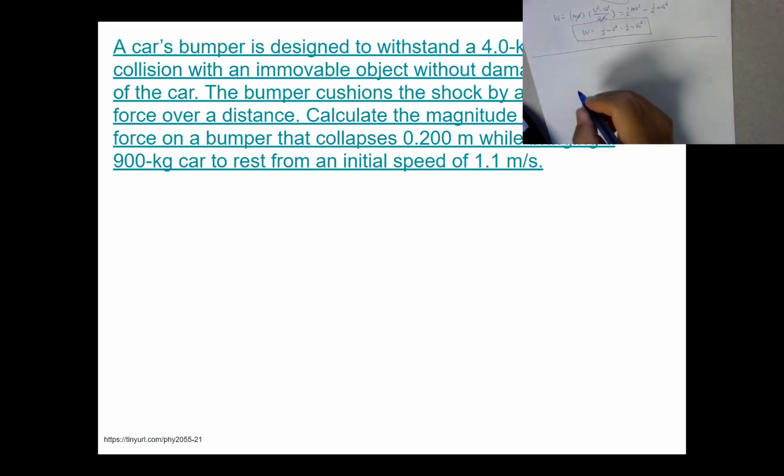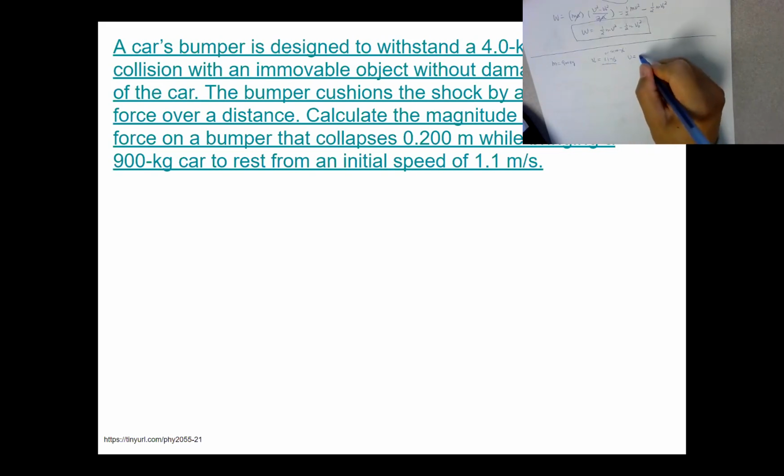So the mass of the car is 900 kilograms. The initial velocity, v0 or vi, is 1.1 meters per second, or 4.0 kilometers per hour. We are going to use this one. The final speed will be 0 because it's been brought to rest.